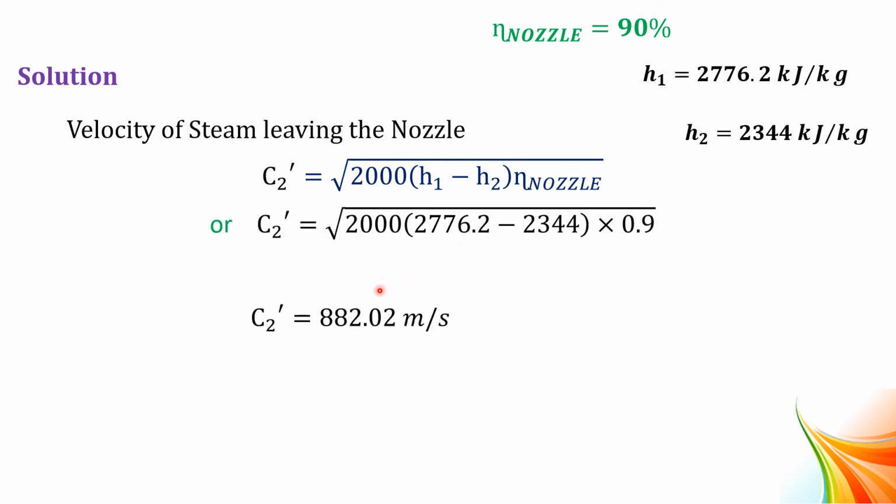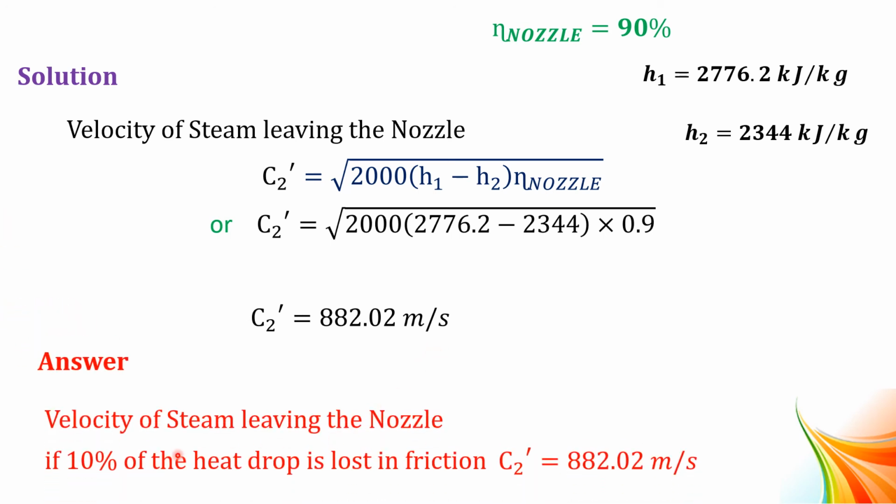We get C2 dash equal to 882.02 meters per second. So our answer is velocity of steam leaving the nozzle if 10% of the heat drop is lost in friction, C2 dash equal to 882.02 meters per second.